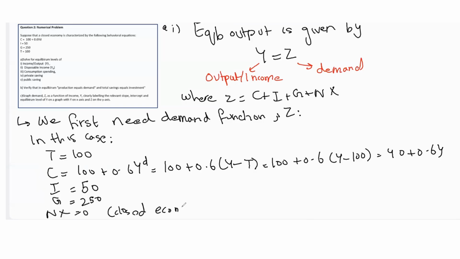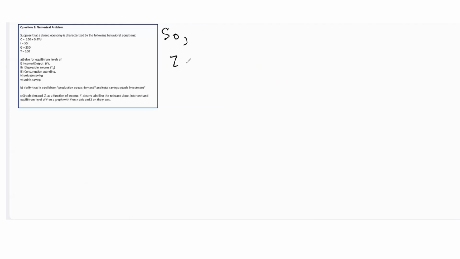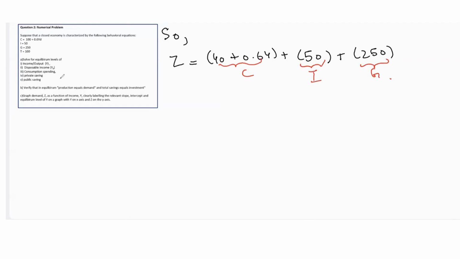So these are all the components of our demand function Z. Z is 40 plus 0.6Y plus 50 plus 250, where the first component is consumption, the second is I, and the third is G. Simplifying, 40 plus 50 plus 250 is 340, so Z is 340 plus 0.6Y.